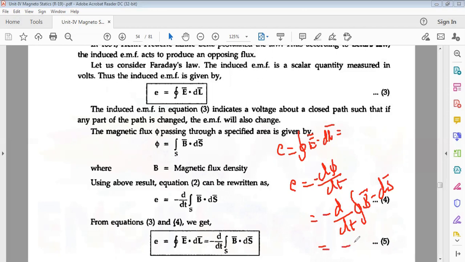It becomes minus the integral of dou B bar by dou t dot ds bar. The normal derivative becomes a partial derivative.